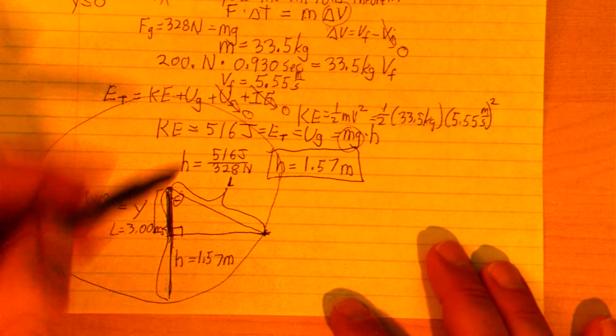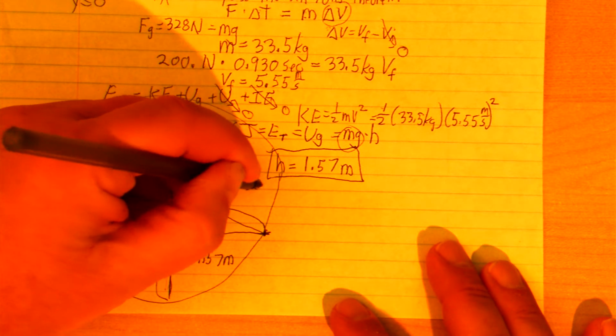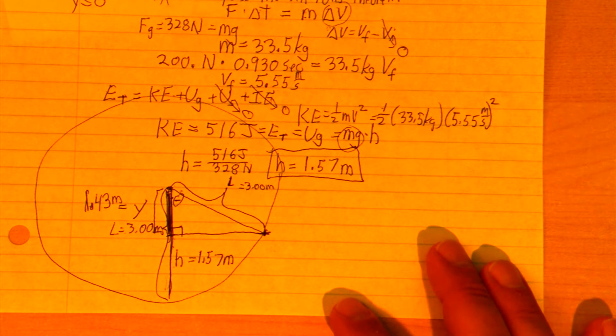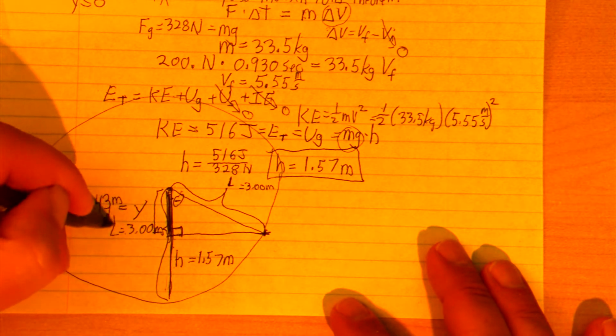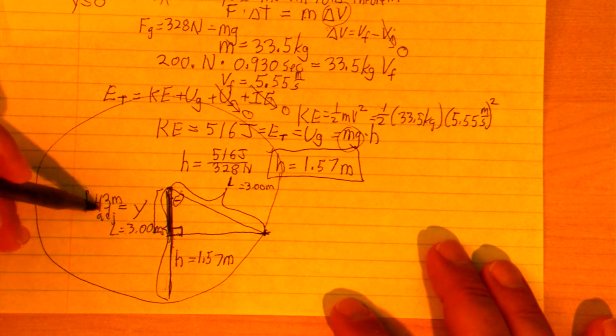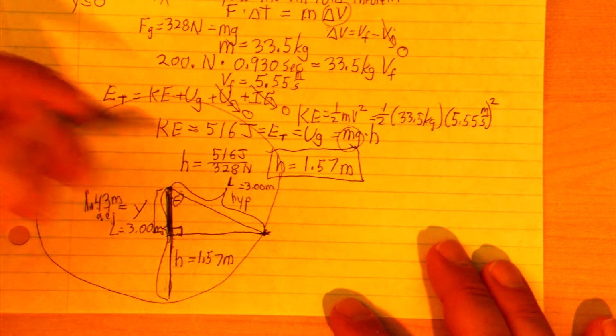The hypotenuse is 3 meters. This forms a right triangle where I know the adjacent side now, and I know the hypotenuse.